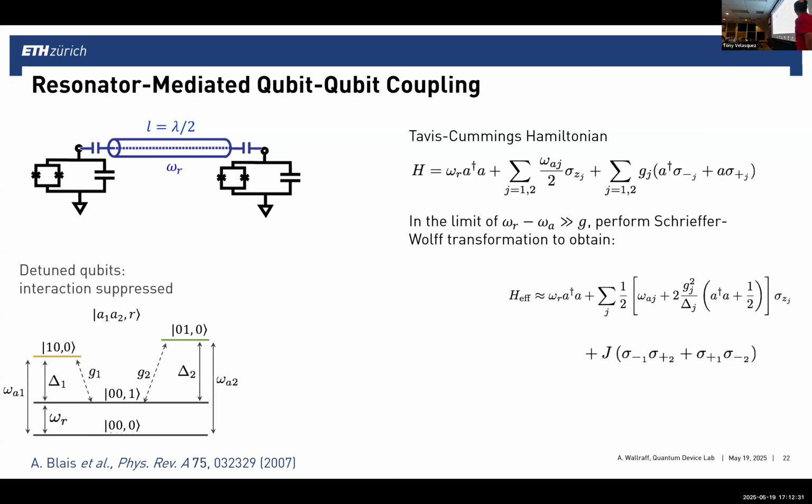So this A dagger A sigma Z term is the one where the qubit gives a shift to the resonator frequency, or reversely, photons in the resonator exert an AC Stark shift on the qubit. But if you have multiple qubits, there's this extra term here, which has exactly the form that I've mentioned before, where you have this coupling strength and these sigma plus, sigma minus operators, which exchange the excitation between the two qubits.